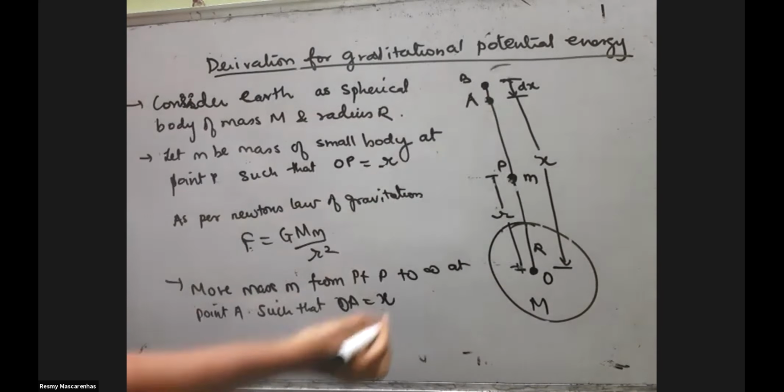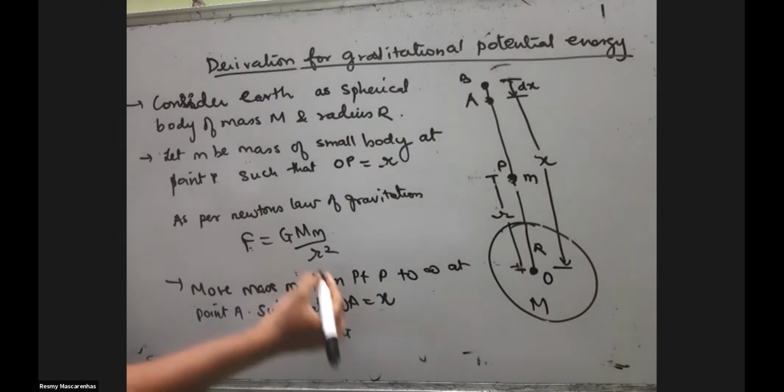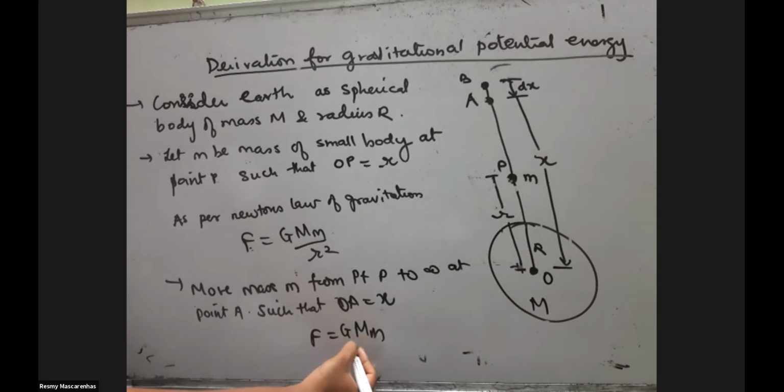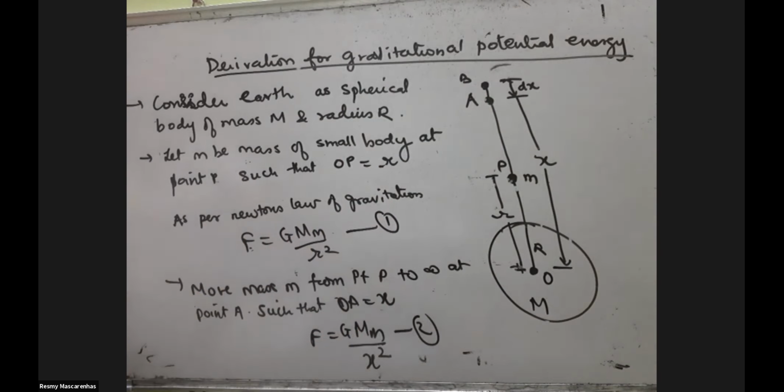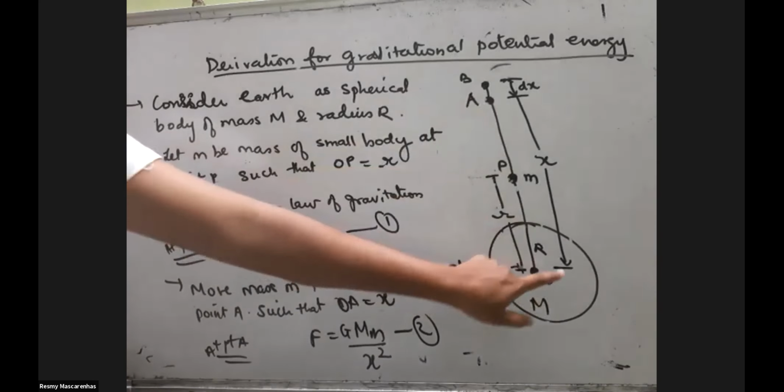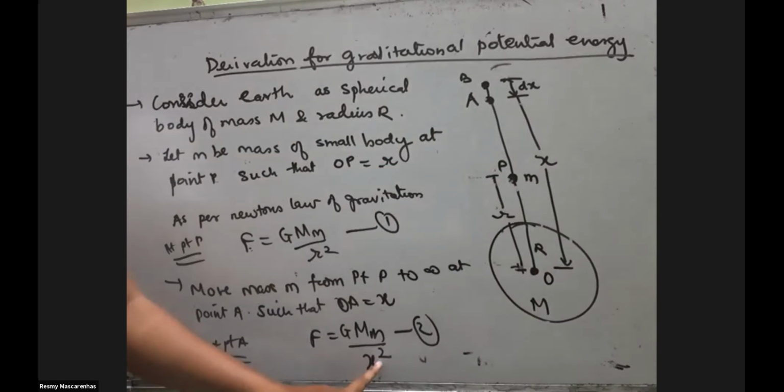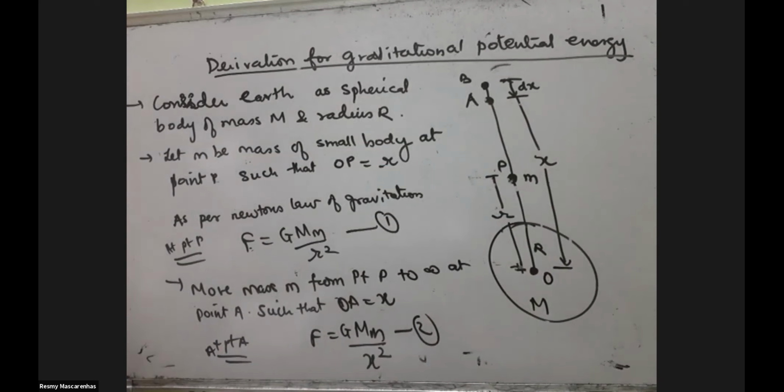After going here, the force will be the same formula, but now the distance has changed. This will be X square now. You can mark this as equation 1. So this is basically at point P, and this is basically at point A. At point A, what is the distance between the two bodies? X. That's why it becomes X square. Everything else is the same.